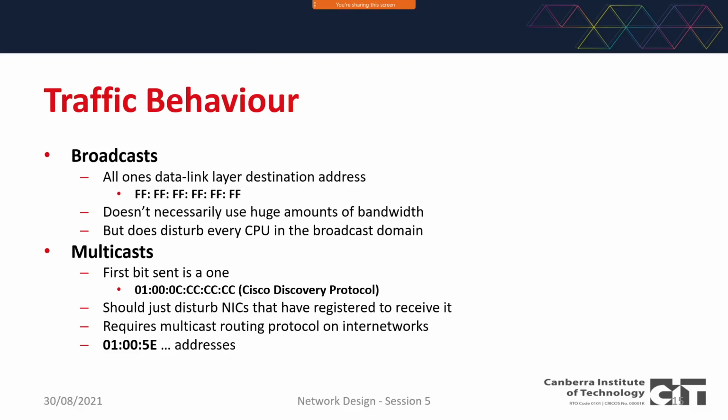Now, we already studied this, but one way we can avoid broadcasts is by segmenting the network, creating VLANs. There is another way we can improve the traffic by avoiding the broadcast traffic, and that is by using multicast instead. So instead of everybody in the network receiving the traffic, we tell the network whether we want to receive it or not. That is part of the multicast traffic behavior.